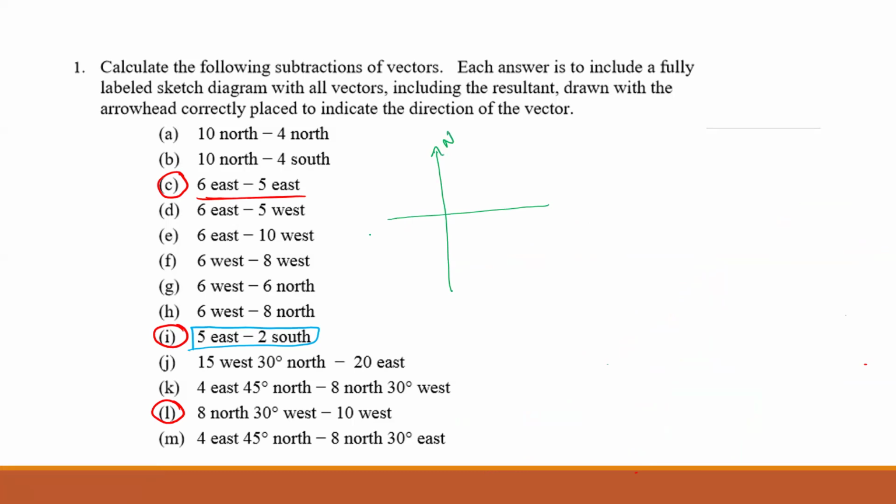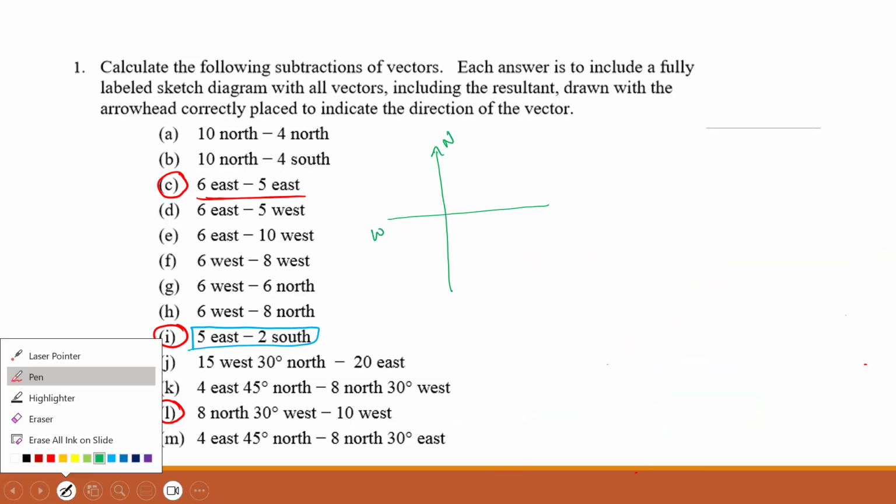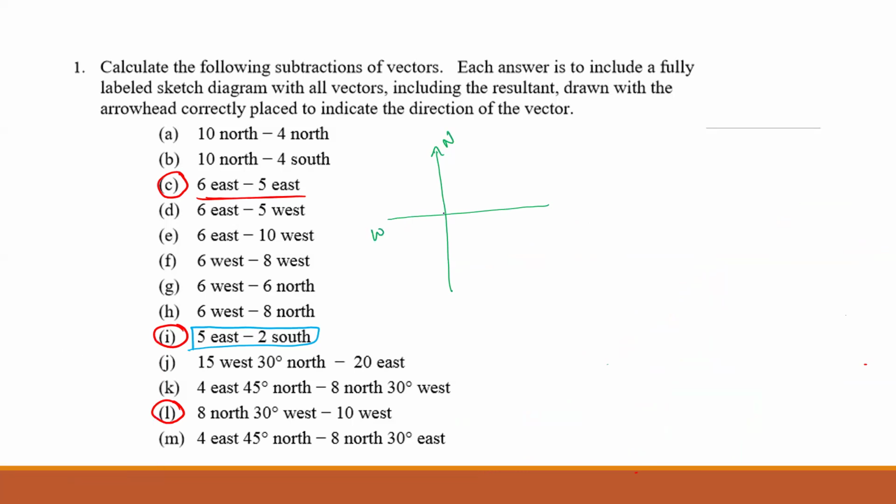This is your north and this is your west. Swinging to the west 30 degrees. Yes, from the north to west it is 30 degrees and it is 8. Then you need minus 10 to west. 10 to west means 10 to west here. So you can change this one to a positive sign by changing 10 to the opposite side. So you have an addition question now.